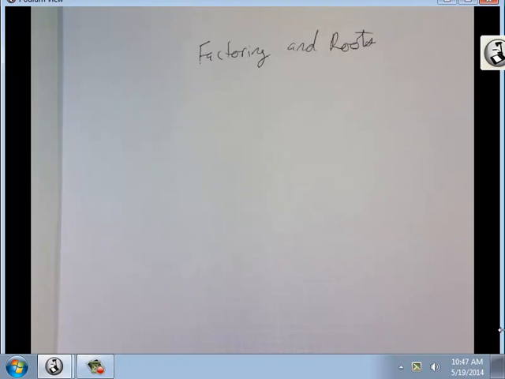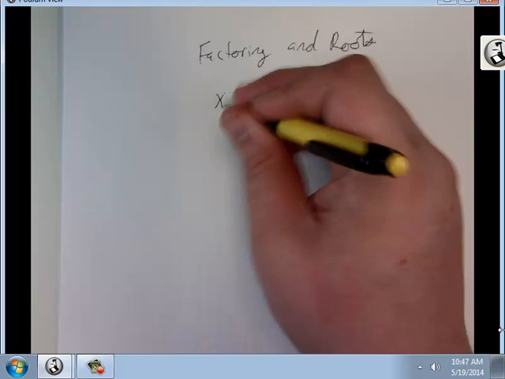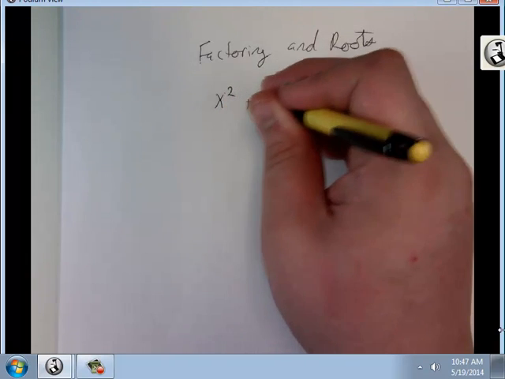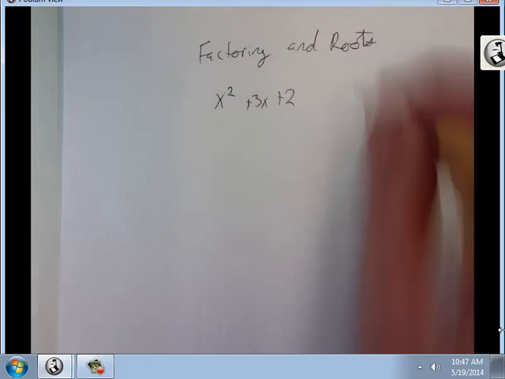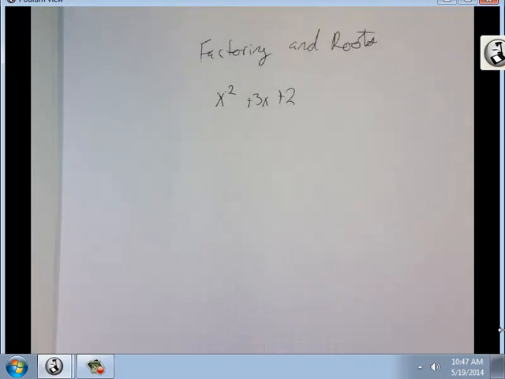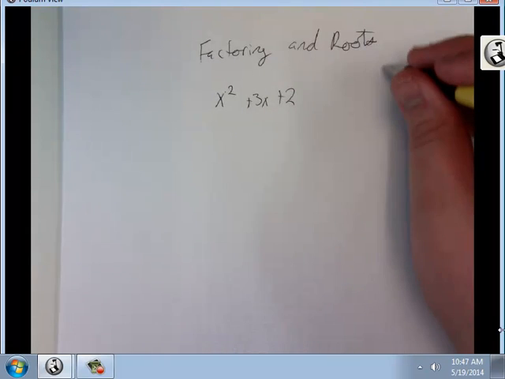Let's look at just basic factoring. So we're going to start with this equation: x squared plus 3x plus 2. Here's the process.